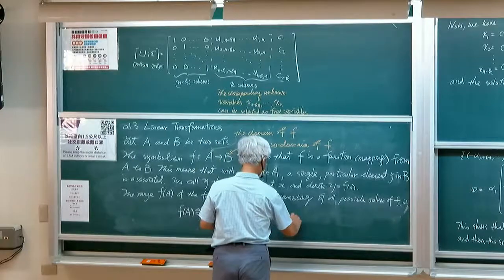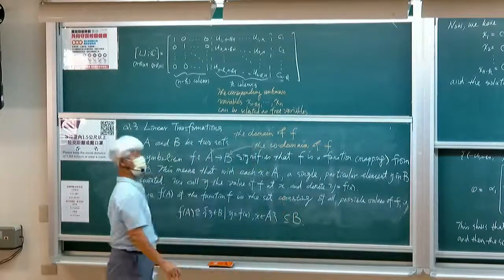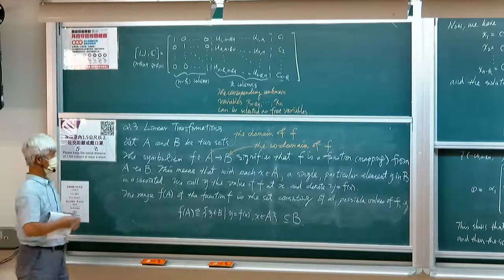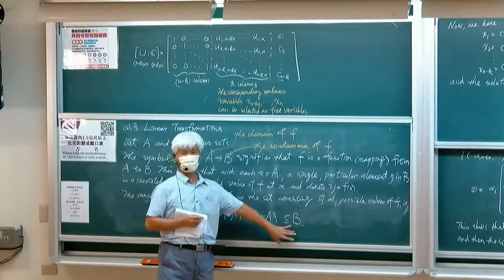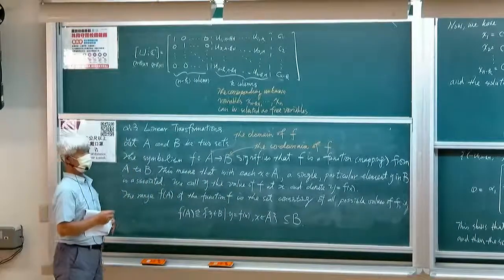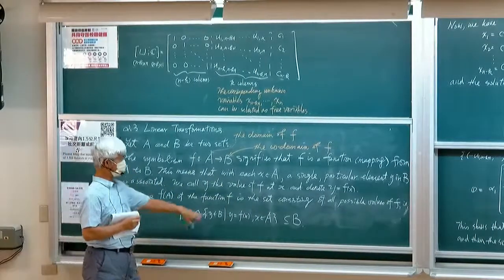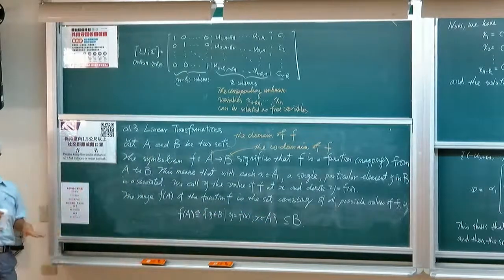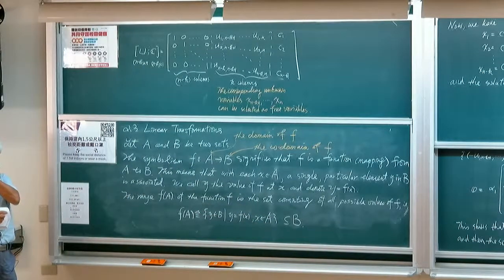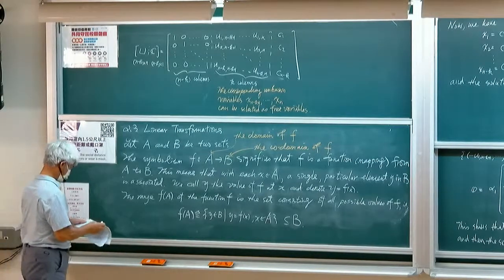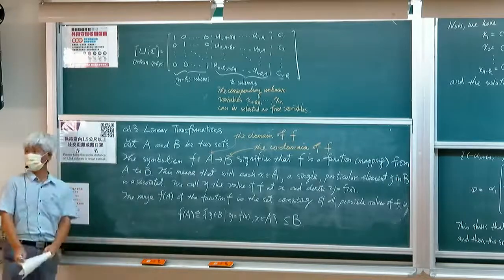And of course, the range f of A is a subset of the codomain. It is not necessary that the range equals the codomain, but the codomain should include the range. Any questions?